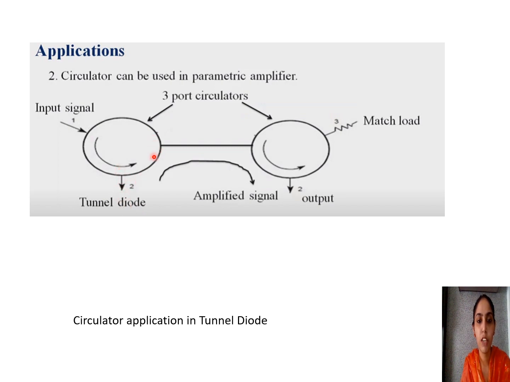From port 3 we connect our next 3-port circulator. This is port 1, and again the amplified signal emerges from port 2, where we get the output. At port 3 you can place a matched load termination to avoid reflection. So it's a simple example showing that the circulator can be used along with the tunnel diode to get an amplified output.